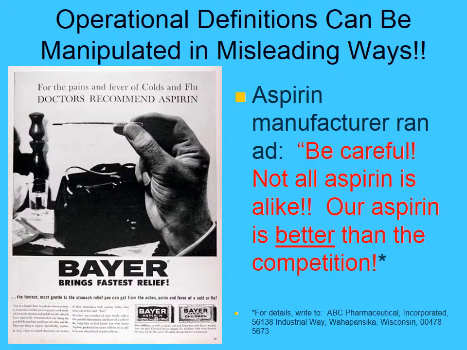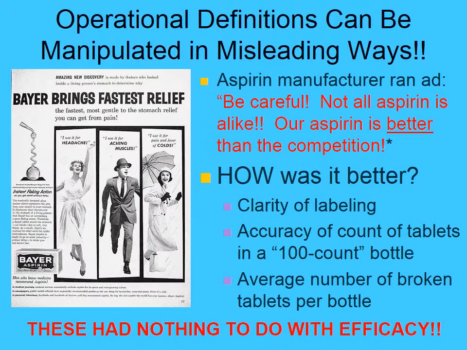And on the screen of this television ad was at the very bottom a flashing address where viewers of the ad could write to get the details of what made this aspirin better. But the truth is, how many people would actually write to get those details? And what were the details?